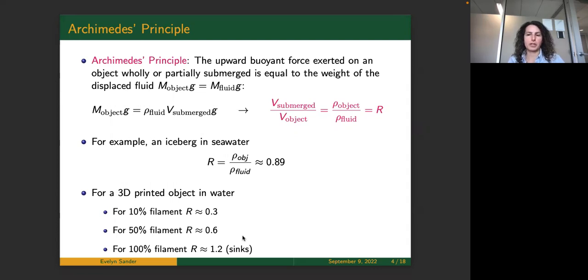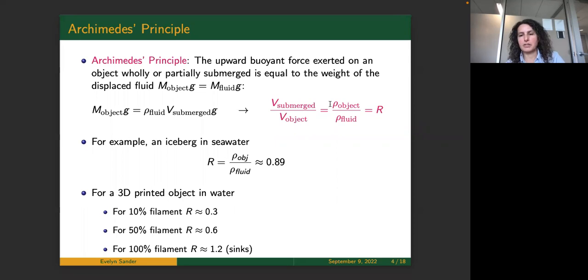That's the force of the object is going to be the mass of the fluid times g. And so therefore, since you can write the mass of the object as the density of the fluid times the volume of the submerged fluid times g, what this says is that the volume of the submerged piece over the volume of the object is equal to the ratio of the, well, this is only going to be true if you have an object that has uniform density.